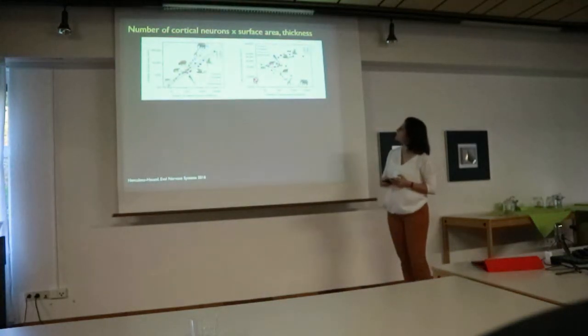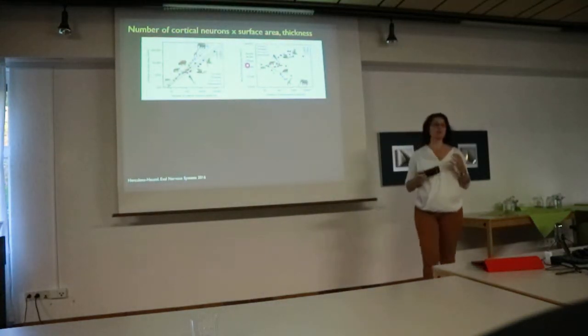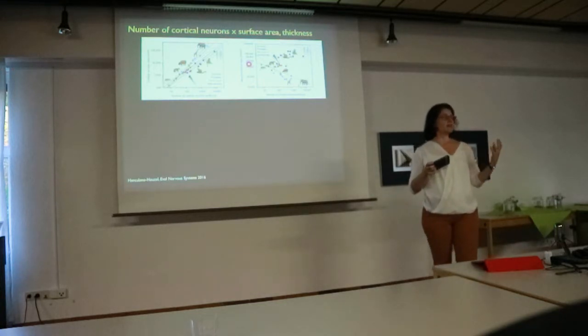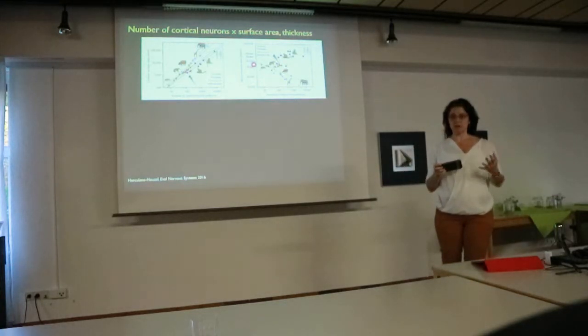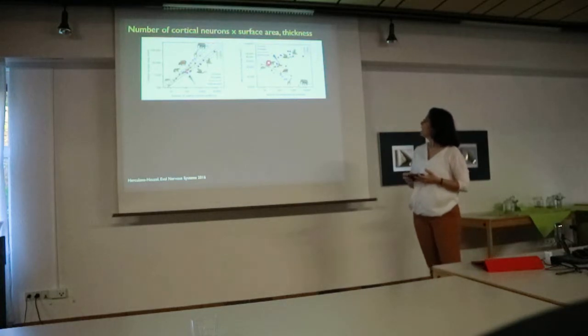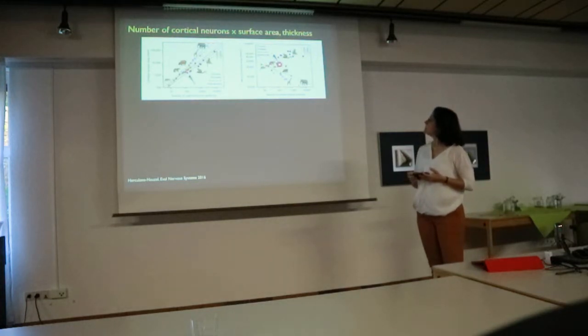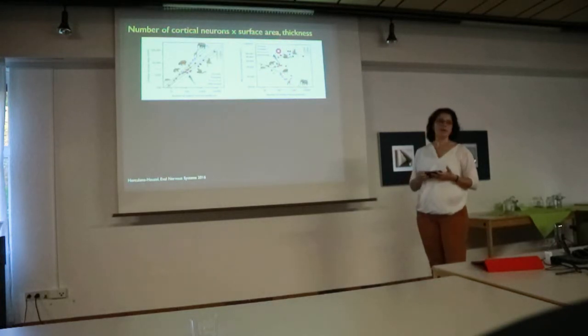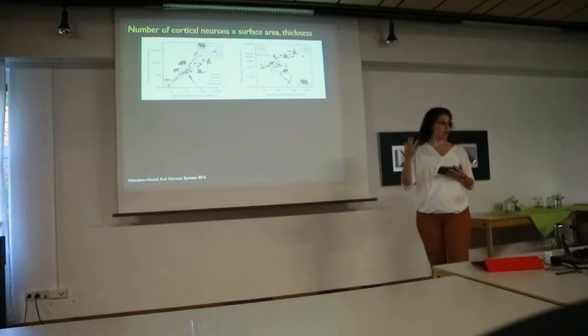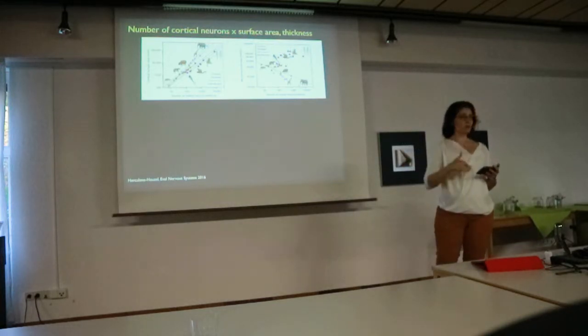So this is how many neurons you have per surface area. Remember, the prediction was this has to be constant. In marsupials, maybe it is, but in rodents, you clearly have fewer and fewer neurons underneath the surface area. In artiodactyls, even more so. But in primates, not only you don't have that, you also have a much larger number of neurons per surface area.